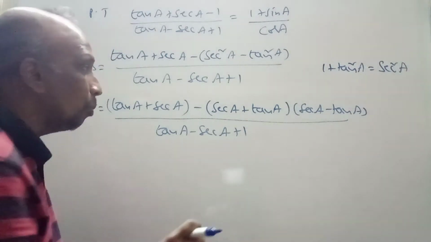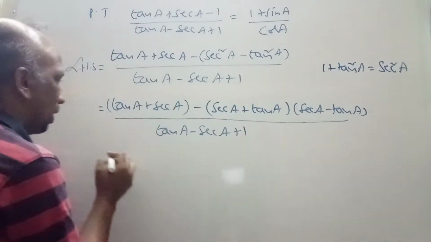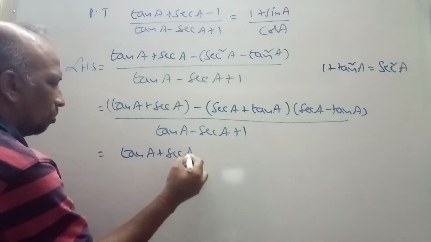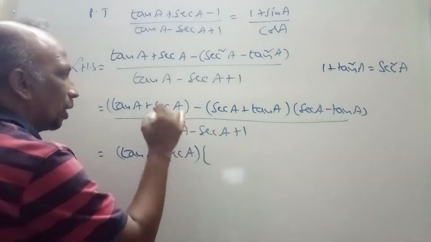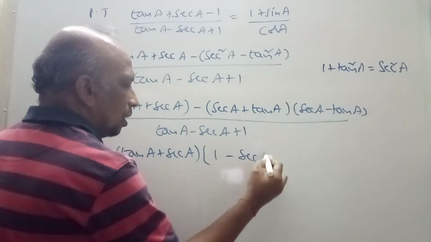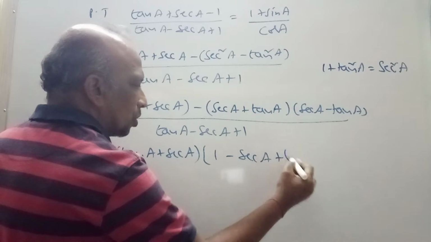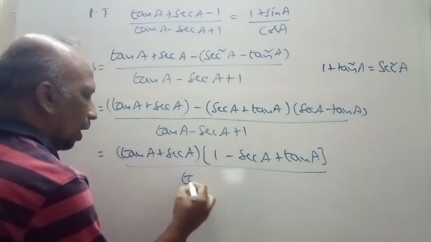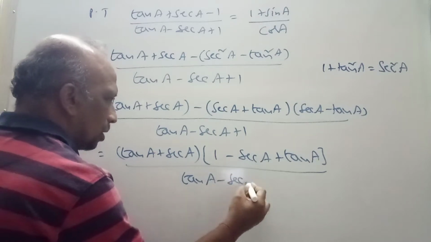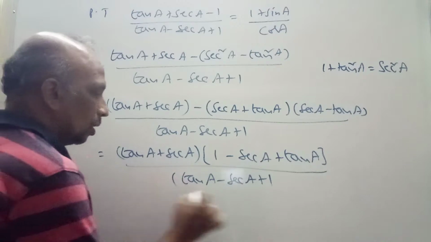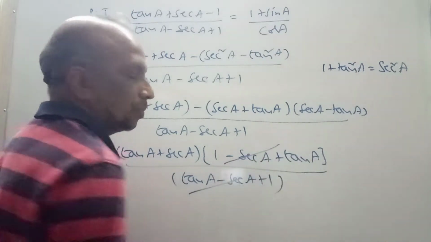Now I can take common tan A plus secant A, so you get tan A plus secant A into, minus of secant A minus tan A plus 1 whole by tan A minus secant A plus 1. Now if you observe, these two get cancelled.